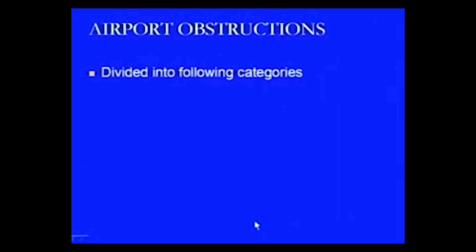These airport obstructions are those obstructions which are related to the type of development which has taken place on the sides of the airport, and they are related not only to the nature of the development, but also to the height of that development.